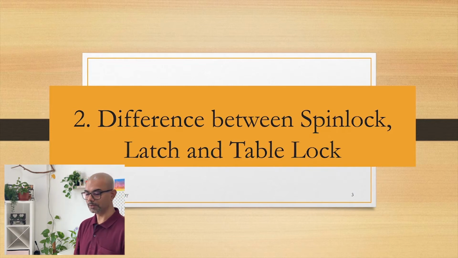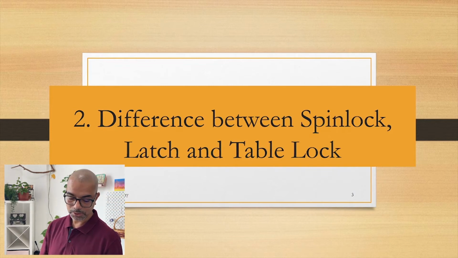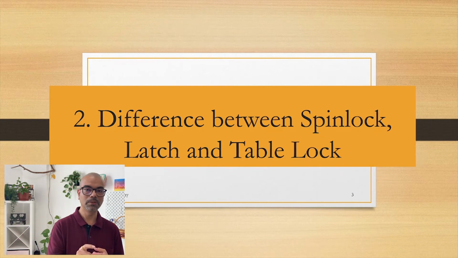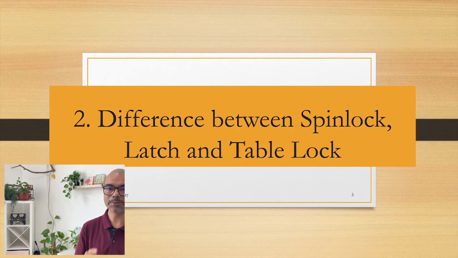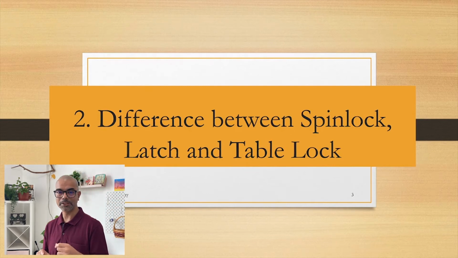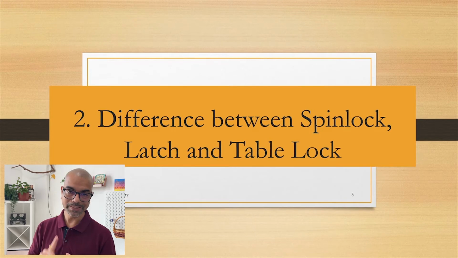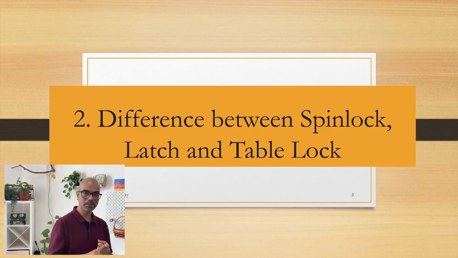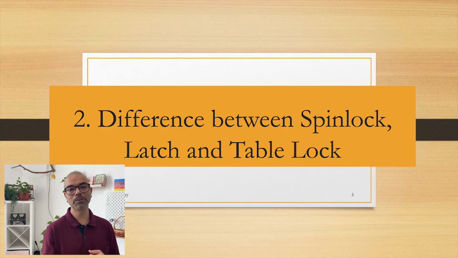I have already explained spin lock. Now latch is nothing but at the data page level. This is applicable when a modification is being made to one page. Any table which has locking mechanism as data page or data row, that latch will come into the picture.